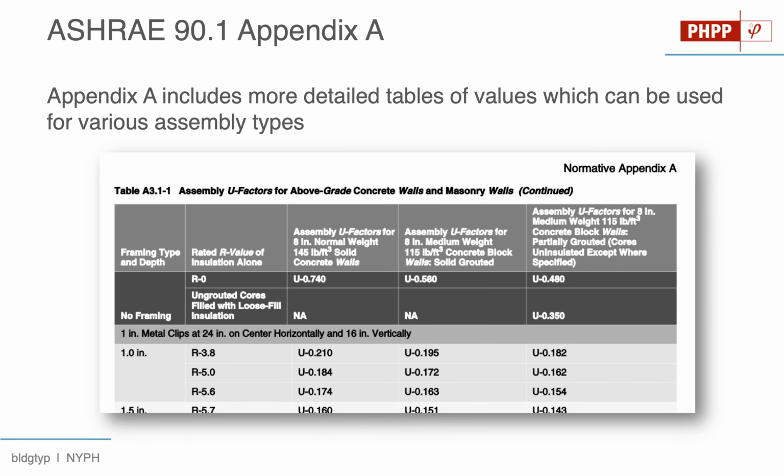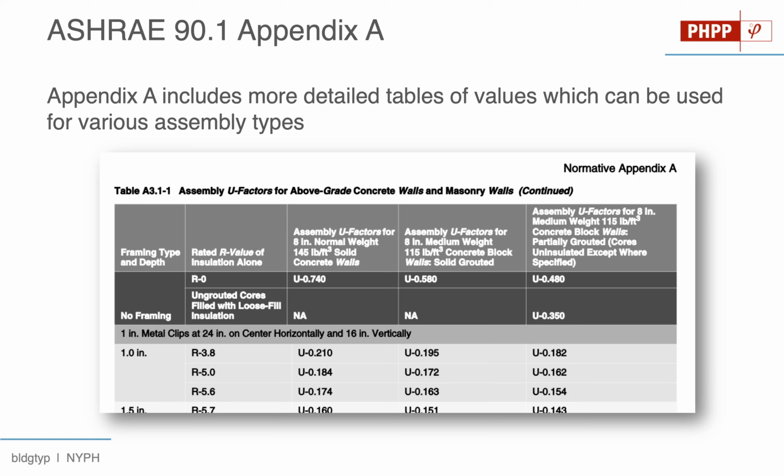We could also look to some sort of an engineering reference document, in particular something like ASHRAE 90.1 Appendix A. Appendix A is the appendix of 90.1, which includes all of the rules around calculating U values or R values, as well as a whole set of tables that can give us things like U values for different stud spacings and different insulation depths and different assembly types.